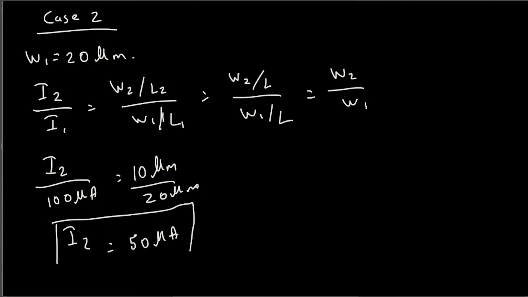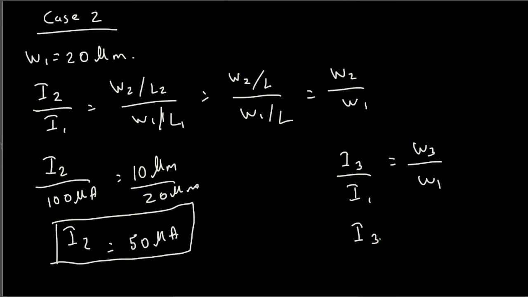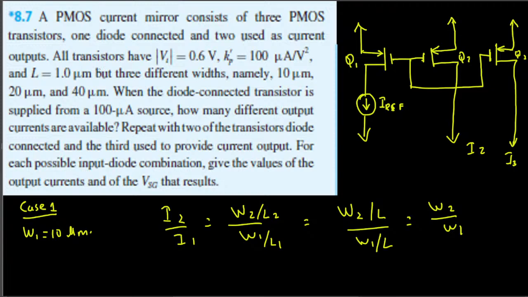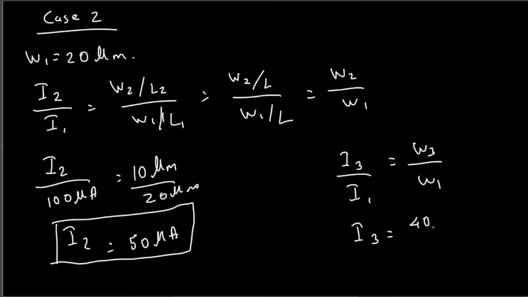Okay, now that is I2. For I3 do the same thing. I3 divided by I1 is equal to W3 divided by W1, and therefore I3 becomes W3, in this case 40 micrometer, divided by W1, which is 20 micrometer, multiplied by 100 microampere.